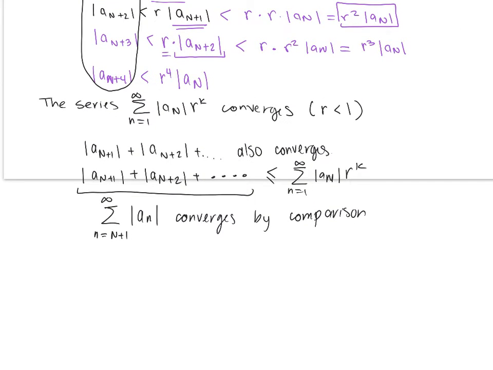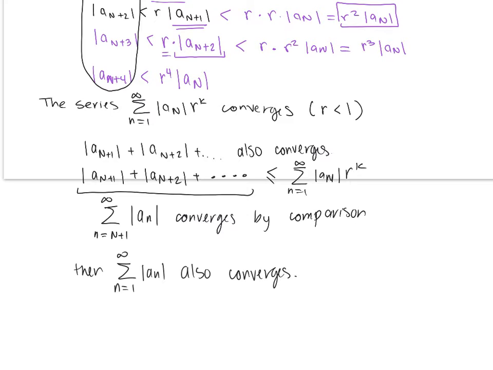And here's the last thing you have to conclude. Does this mean that the sum from n equals 1 to infinity of absolute value of A sub n also converges? How come? Because it's less than whatever capital N is. Not necessarily. What this first thing says with the capital N plus 1 means you start at, I don't know, 101 and go to infinity.